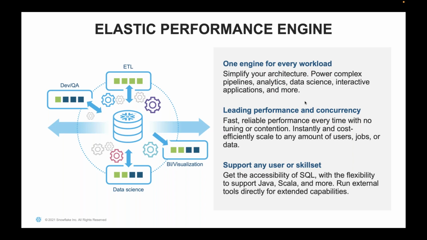So there is no longer a restriction on the engine, or the compute. If I have more compute, I can do anything. Now coming to concurrency. This also helps me achieve a concurrent workload. My BI visualizations, my data science, my ETL, my dev and QA can all work in parallel.